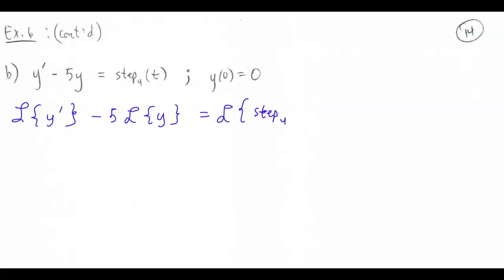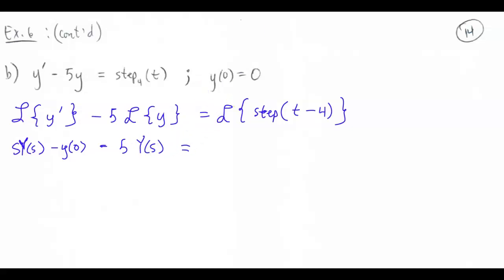And I'm going to rewrite it this way so it's a little bit more plain on what we're doing here. Now, as we said in the first example, the Laplace transform of the first derivative is just s times big Y of s minus y, little y of 0, minus 5 Y of s.